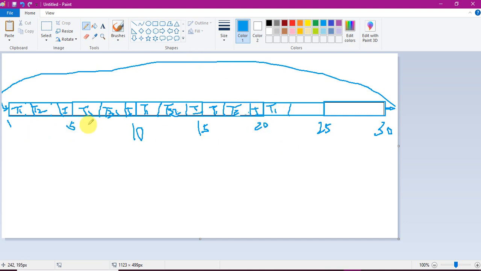Okay, now T2 is here. T2 before 10, yes, before 10 here 1 unit, correct. Before 22, T2 here again, that's correct. Let me color this for T2. Let me color this for T1.